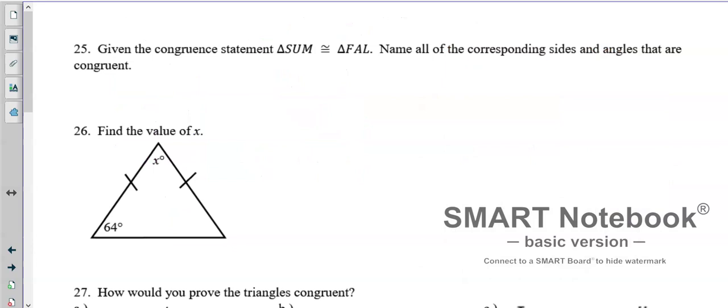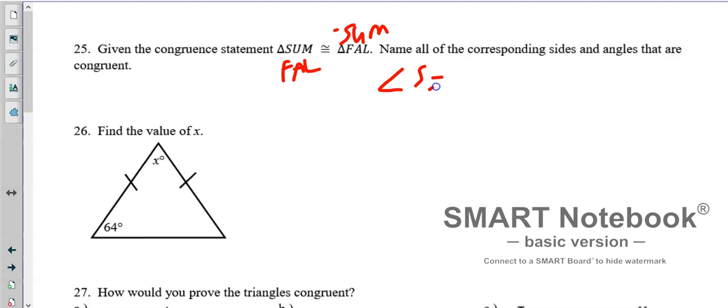Moving on. Getting there. Given the congruence statement, SUM equals FAL, again, I like to write them underneath each other, so you can completely see what lines up with what. Name all the corresponding sides and angles. All right.